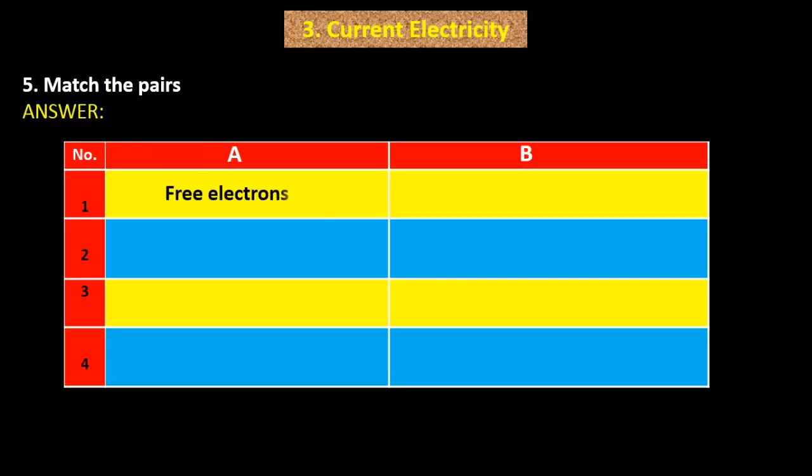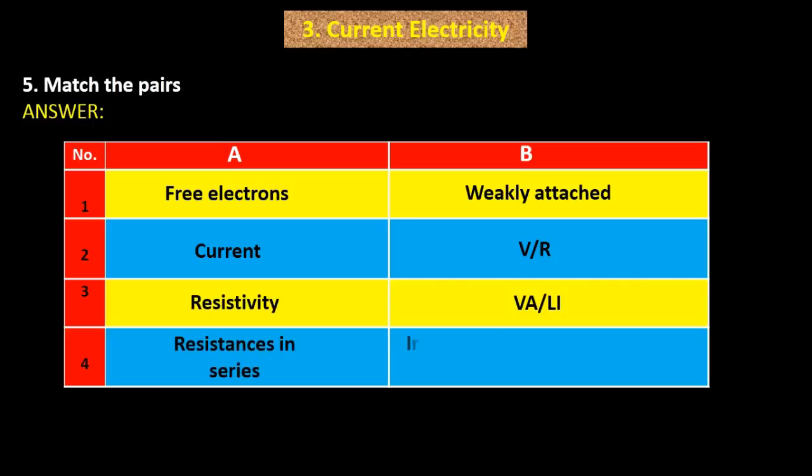Answer: 1. Free electrons, weakly attached. 2. Current, V/R. 3. Resistivity, RA/L. 4. Resistances in series, increases the resistance in the circuit.